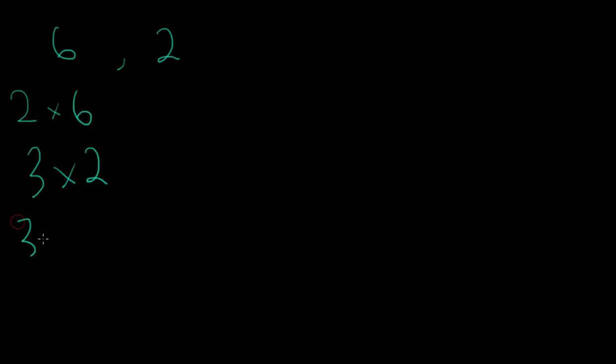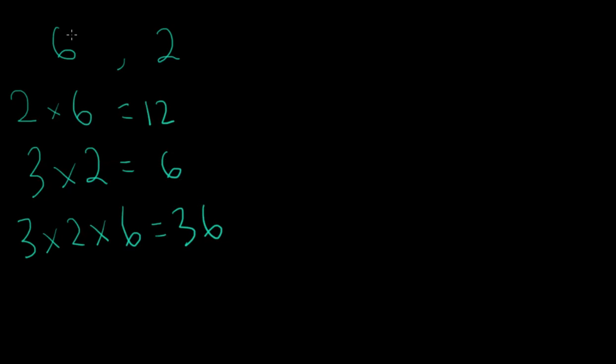What is 3 multiplied by 2 multiplied by 6? So we all know the answers to this. So 2 multiplied by 6, that is very simply 12. 3 multiplied by 2, that is 6. 3 multiplied by 2 multiplied by 6, that is 6 times 6, that is 36.